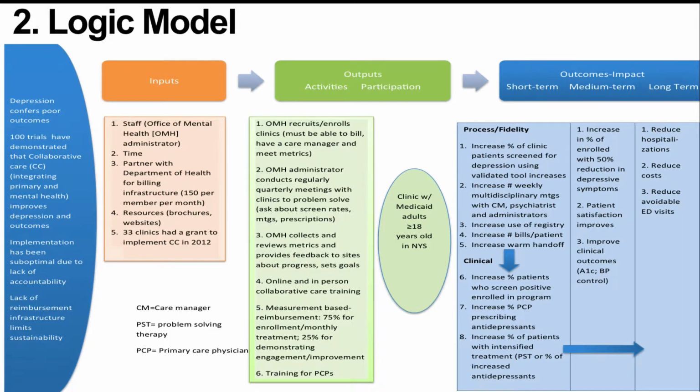And key activities included enrolling clinics, going through the billing process, collecting metrics and feeding those back to clinics, for example, screening rates at the clinic level and across all clinics enrolled in the program, online and in-person collaborative care training, and then again, this measurement-based reimbursement infrastructure.